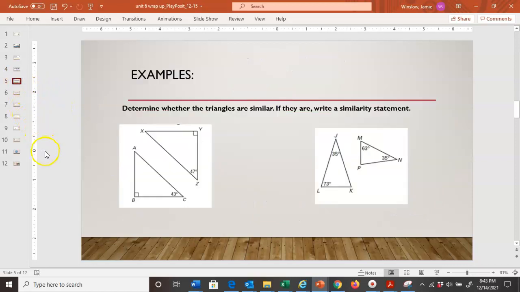So let's try some. Determine whether the triangles are similar. If they are, write a similarity statement. All right, so we have a 90-degree angle and a 90-degree angle. So remember, we have angle-angle, side-side-side, and side-angle-side. Those are the 3 similarity postulates. Now, these 2 angles are not equal, but let's see if we can find the third.